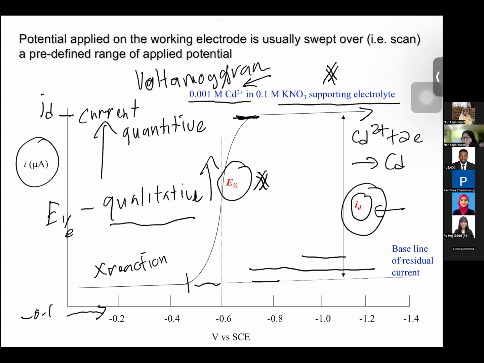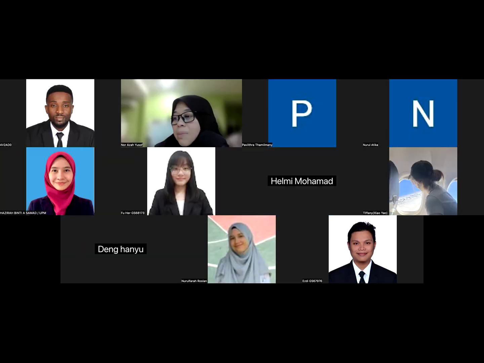That depends on the species. If you are working with a voltammogram, it depends on what is actually inside the voltammogram.